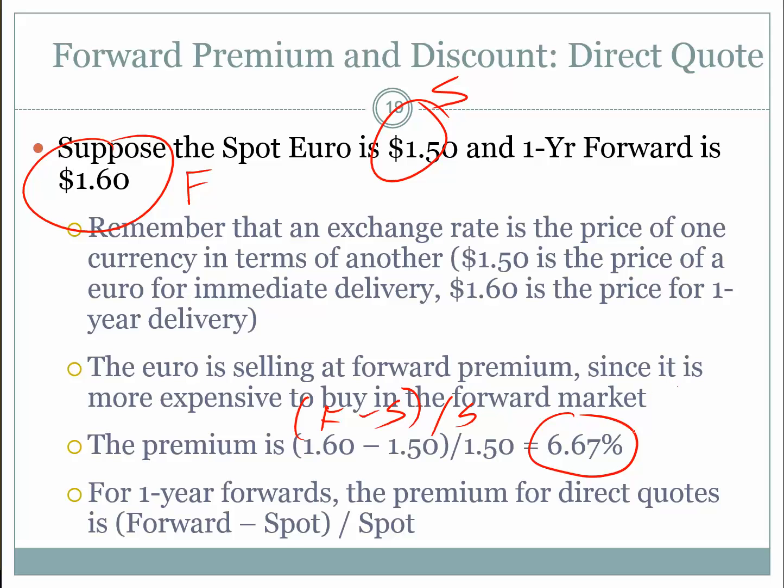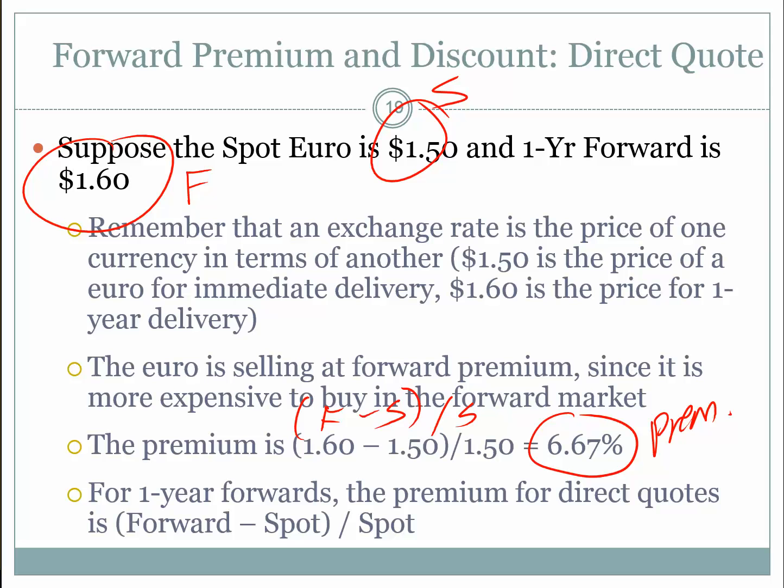So what we'd say is the forward is selling at a 667 basis points premium. So that's another way to quote the prices on a currency. However, when you have an indirect quote, it gets a little more difficult.